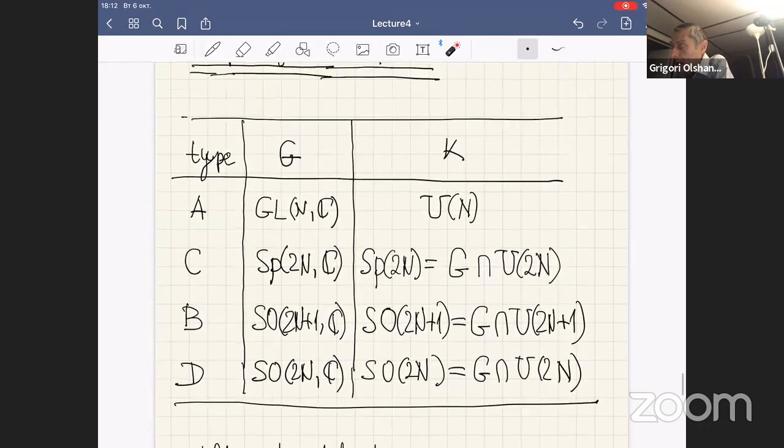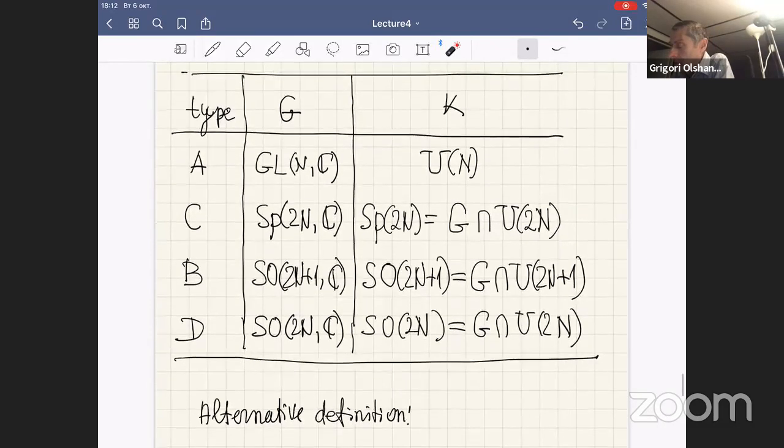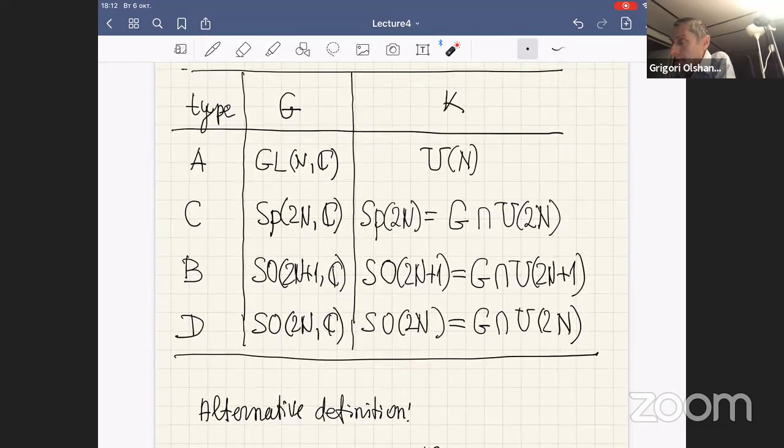For instance, why is it? Because here we can take the intersection of our torus with our compact group.